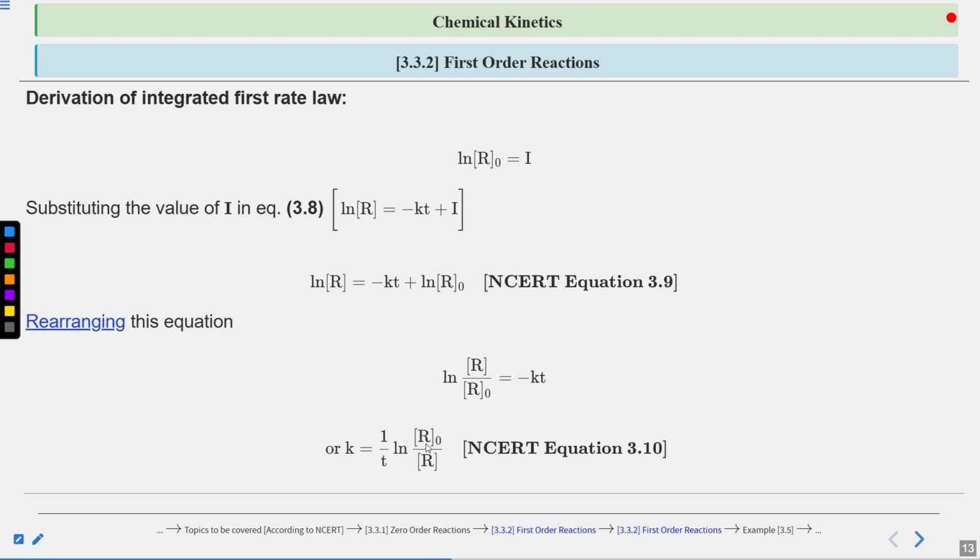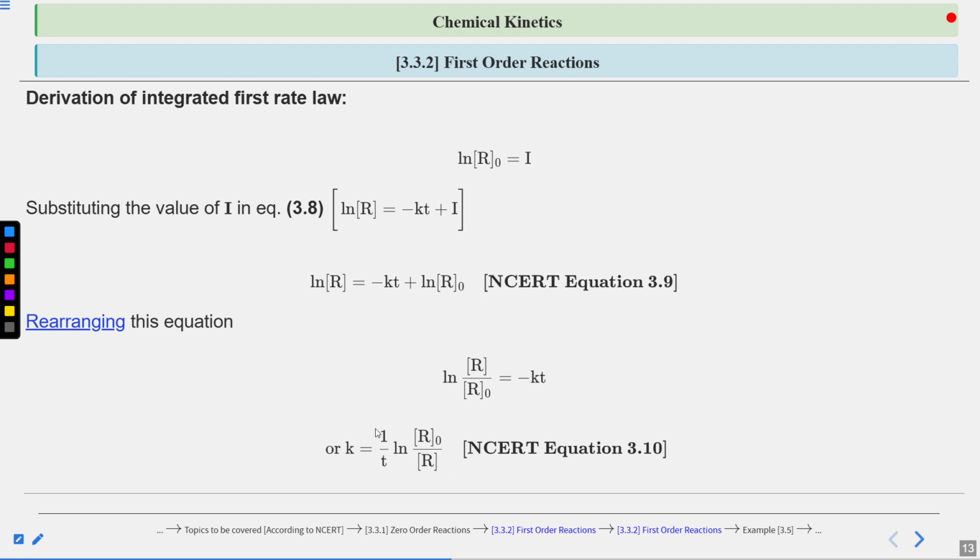This is also a property of log: if the ln value has something in the power, it can go in the product with the ln, and similarly if it has something in the product, then it will go in the power of the value inside the ln. So here this minus will go into the product, and from the product it will go in the power of r by r naught, and when you take this power inside, r naught and r change places, and r by r naught becomes r naught by r.